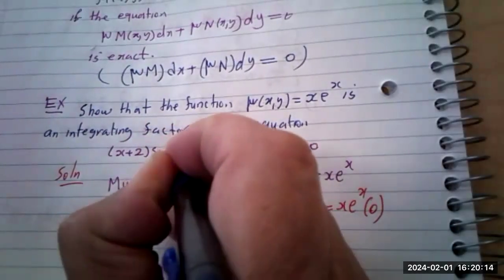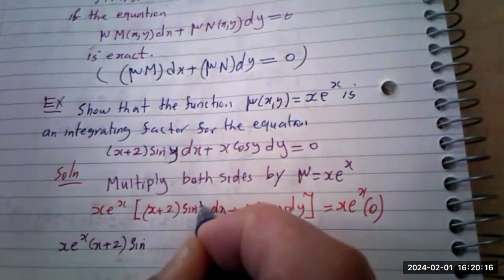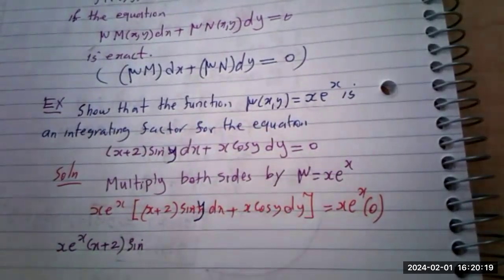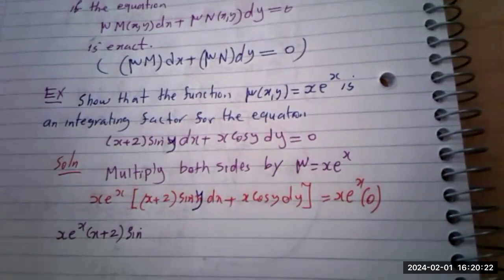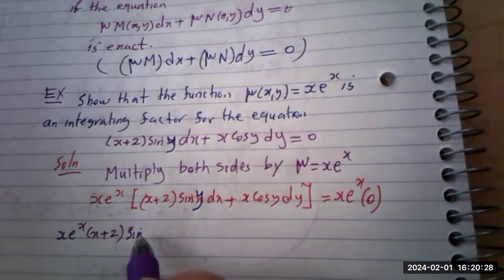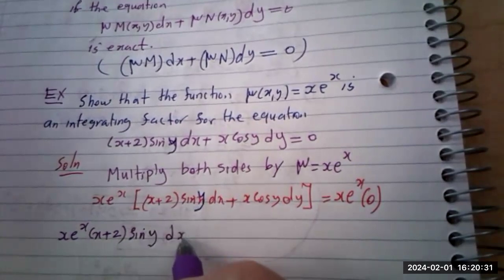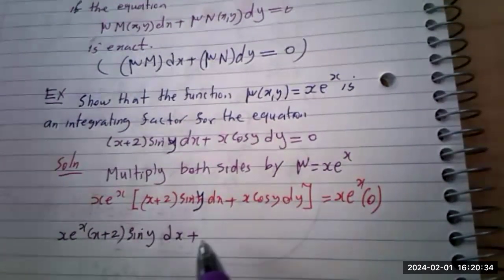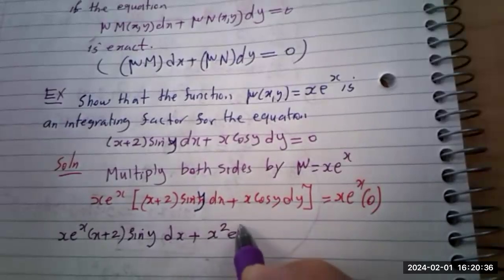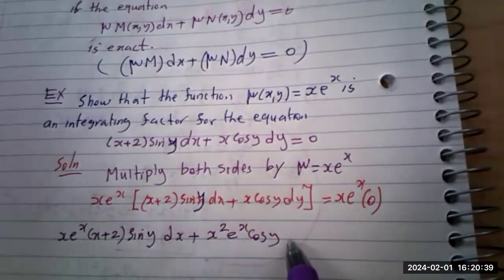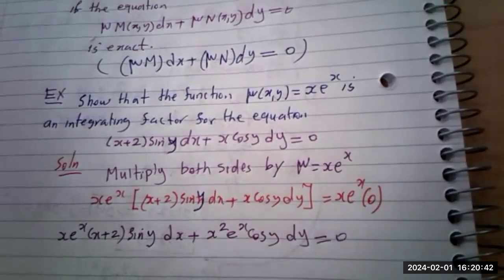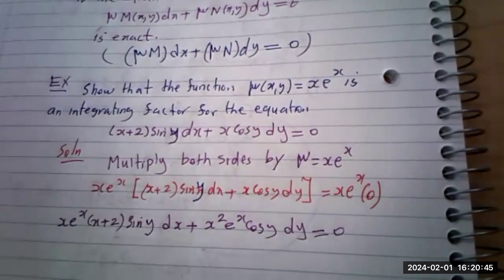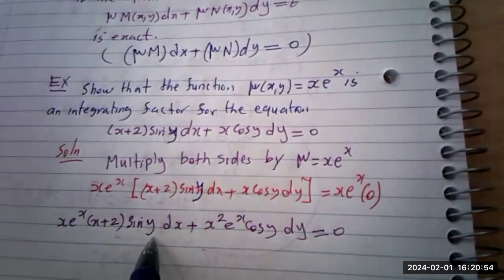Then the other one is x cosine. Multiply inside, so that would be sine y dx. Multiply the second one: x times x would be x squared e to the x cosine of y dy equal to 0. That is the resulting equation. Now you have to call M and N and check. This is going to be your M.